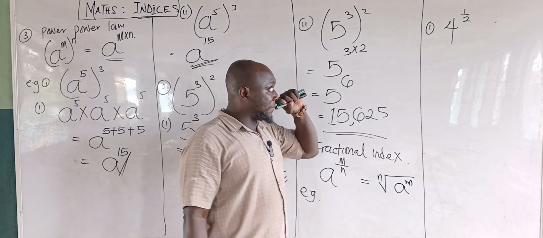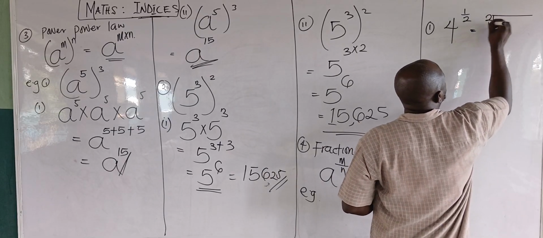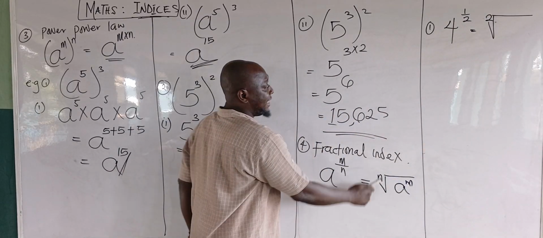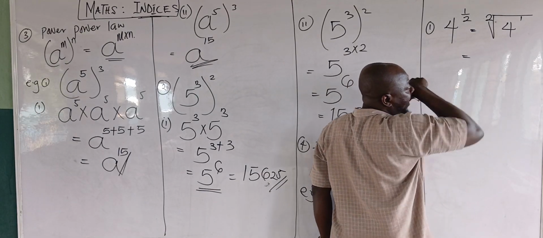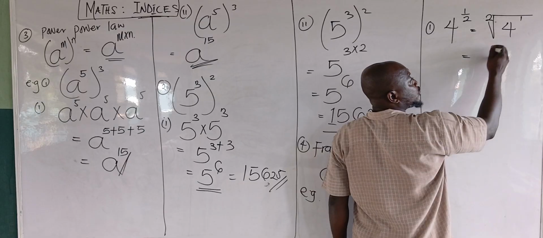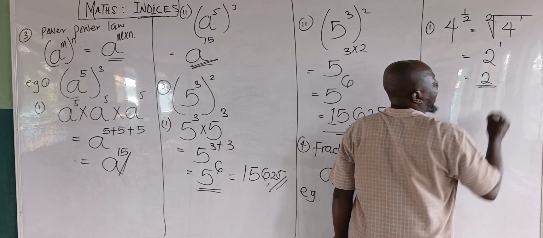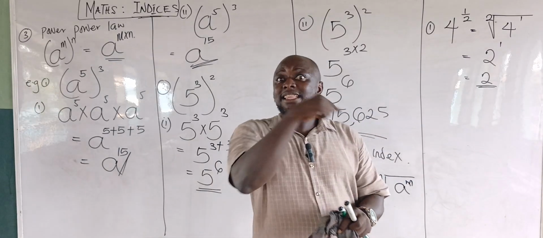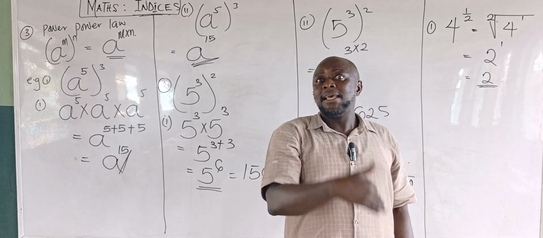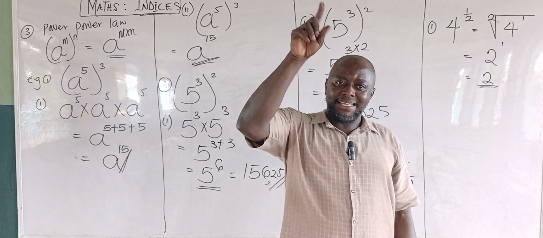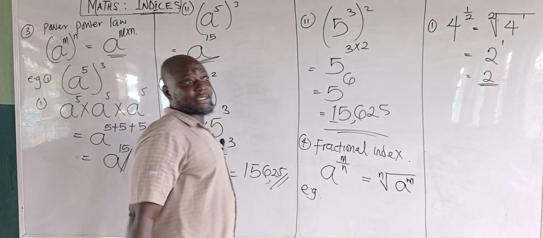So I will now take this 2 to become the root, because I put this n here. So here I'll put 4 raised to the power of 1. Because we are dealing with numbers now, we know the square root of 4 to be 2. 2 raised to the power of 1. So what do I have now? I have it to be 2. Any base raised to the power of 1 is the base. So a raised to the power of 1 is a. This is how you do this.